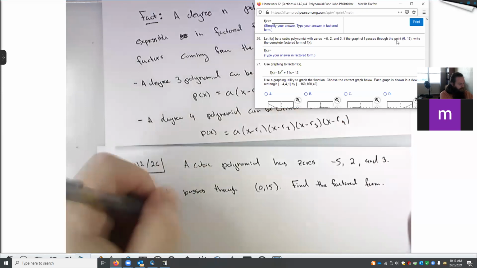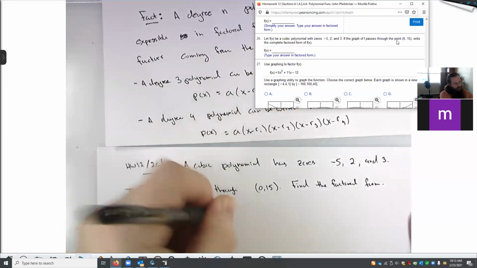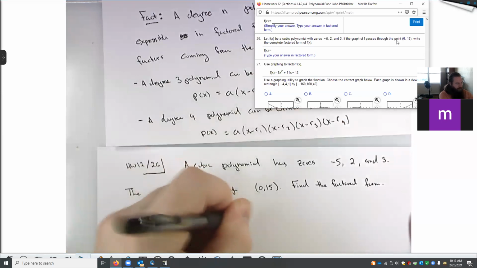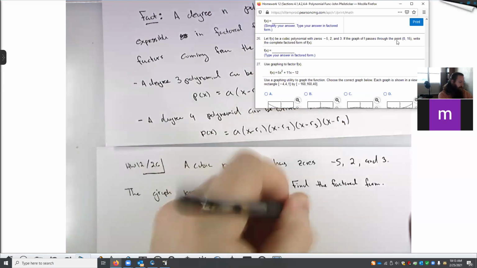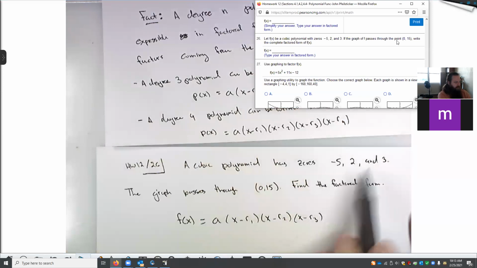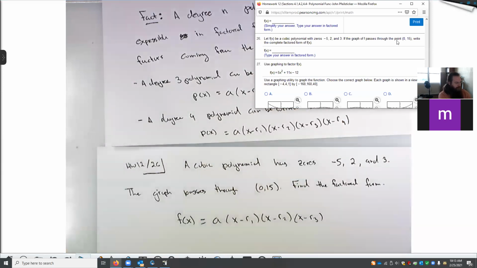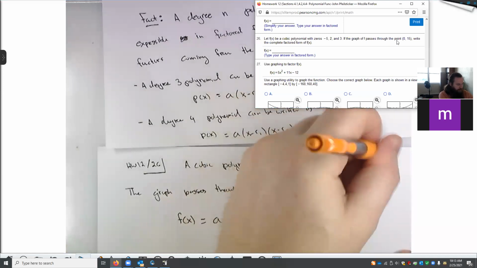We know that it should, I'll use the symbol f of x here. We know it should look like the lead coefficient times x minus the first root times x minus the second root times x minus the third root. And we know that the roots or zeros are these numbers up here. I call this R1, R2, and R3.